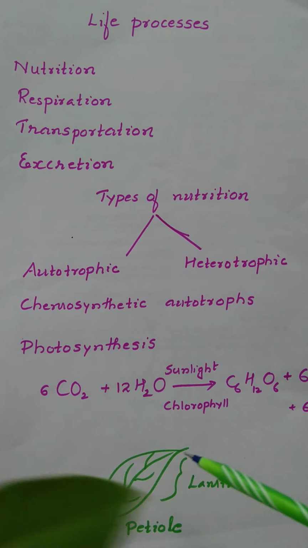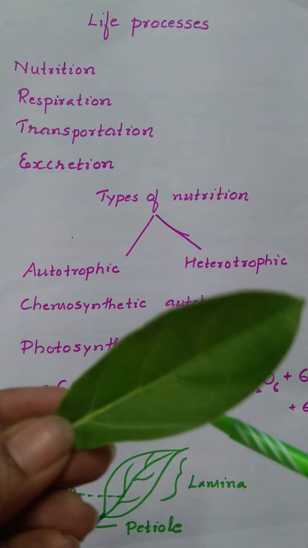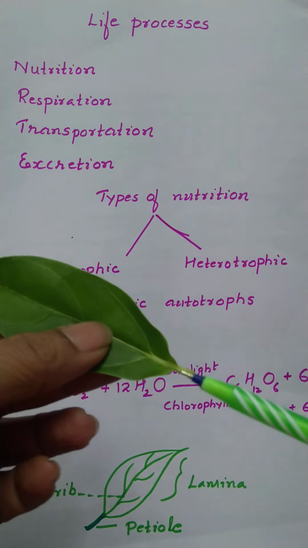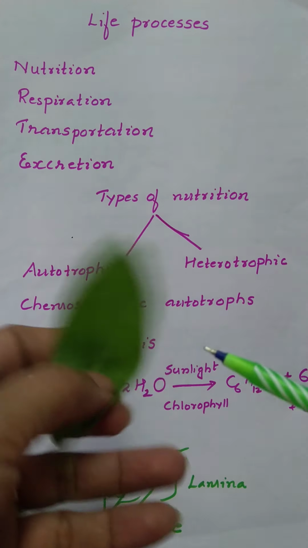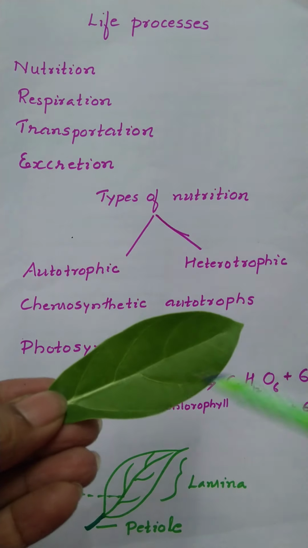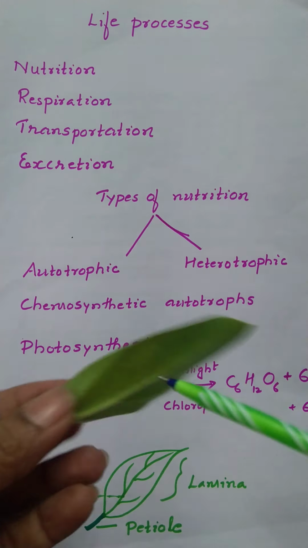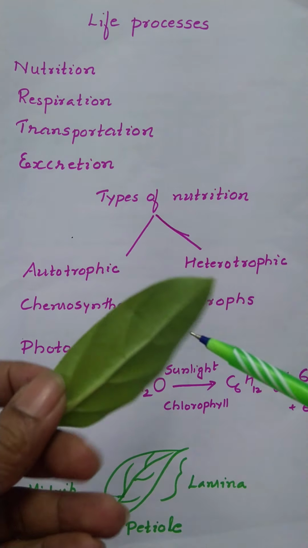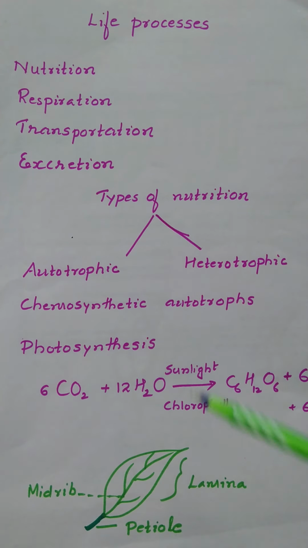Then there are lateral veins. If we consider this leaf, here this is the petiole, this is the lamina, and this is the midrib, and lateral veins are there to supply water to the leaves.